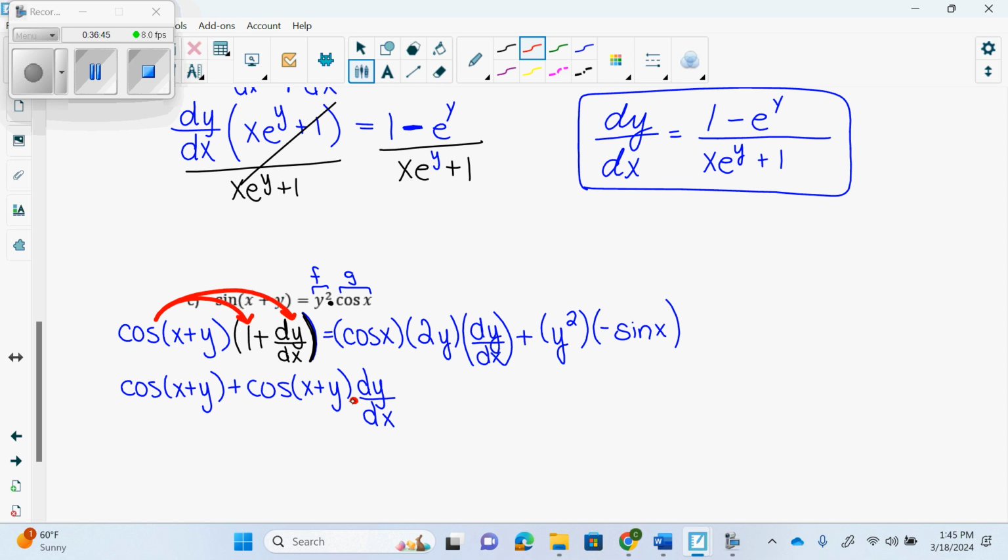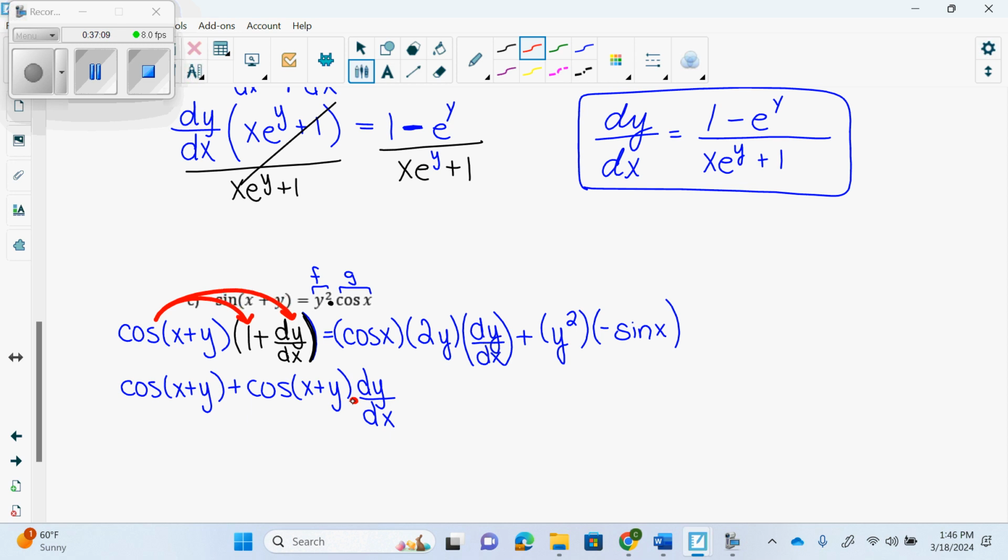Do you see that? You had cos x plus y times this. You need to distribute it through so that I get a term, another term, and another term. Because our goal, once we have all just terms, not multiplication, is to get everything with dy dx to one side and everything without it to the other. So we had to distribute the cos x plus y into our chain rule to get the two terms.